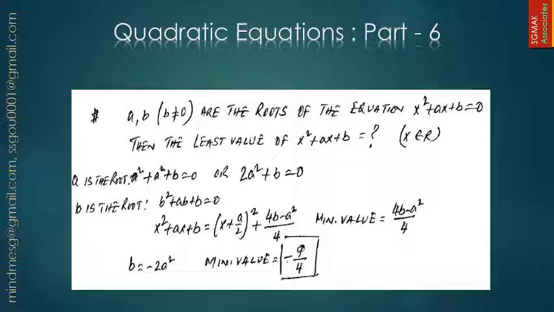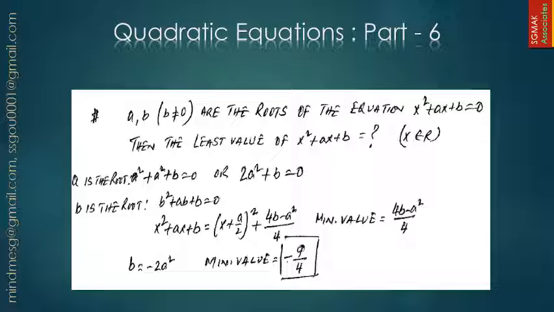So the least value of x squared plus ax plus b can be written as a perfect square plus 4b minus a squared over 4. For the perfect square part, the minimum value is 0, which happens at x equal to minus a over 2. So the minimum value of this expression is 4b minus a squared over 4.